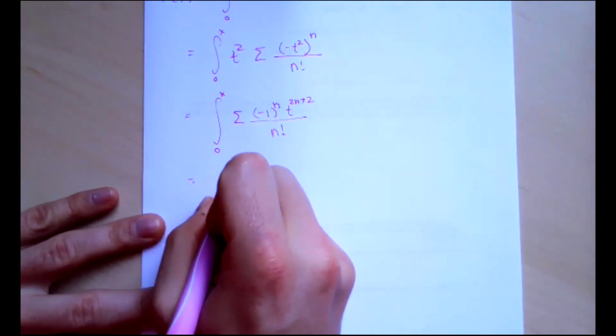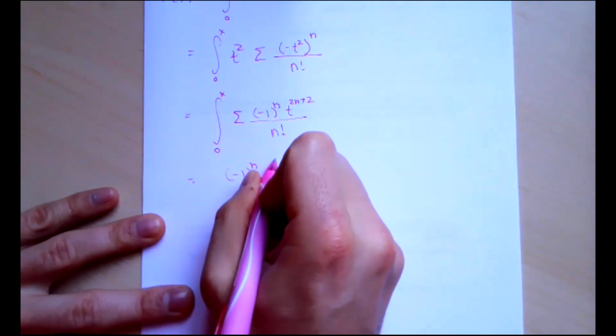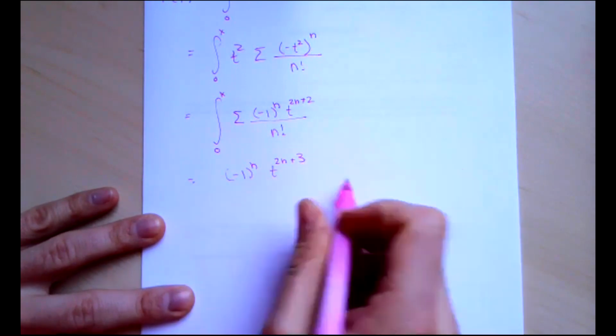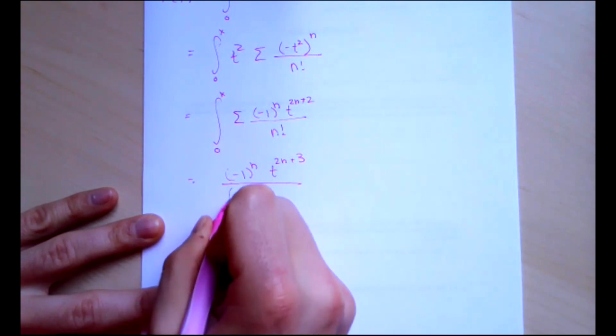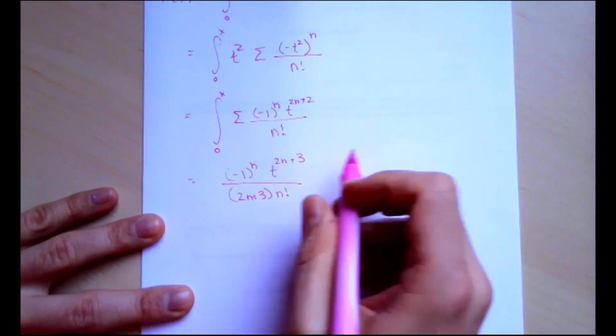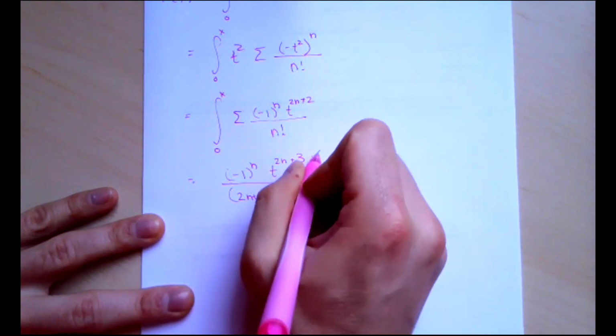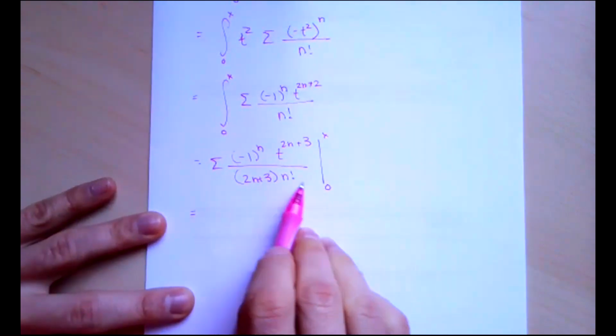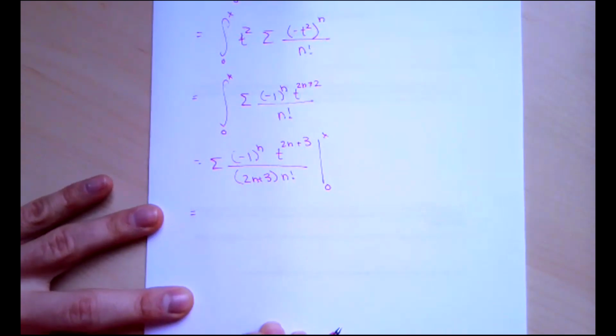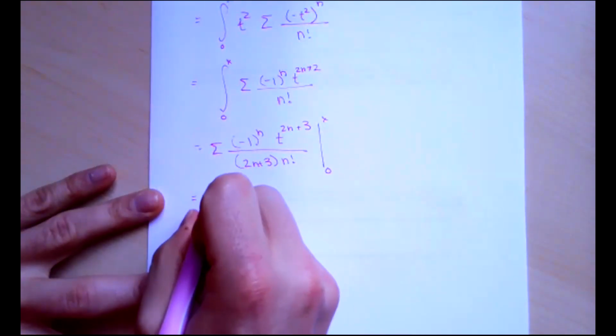And we'll get minus 1 to the n, t to the 2n plus 3, divided by 2n plus 3, n factorial, and then evaluate that between 0 and x. And again, when we evaluate at 0, it just becomes 0 everywhere. And so we just get our series.